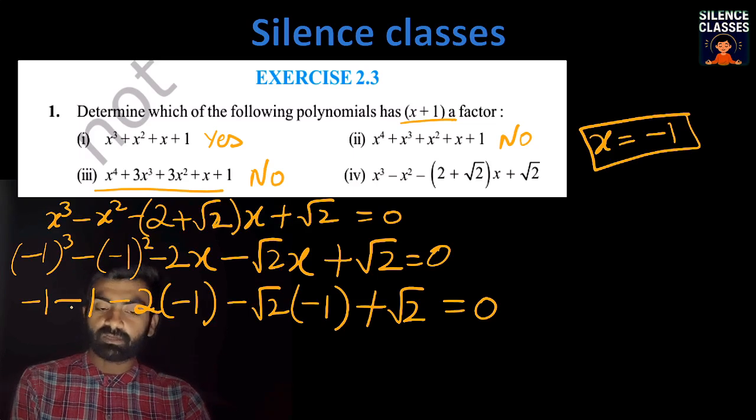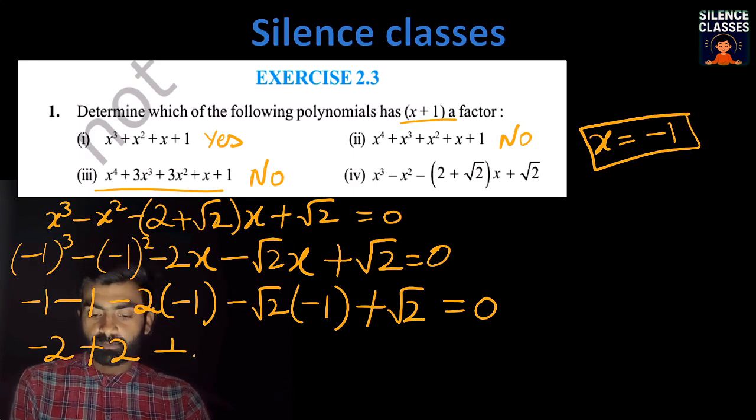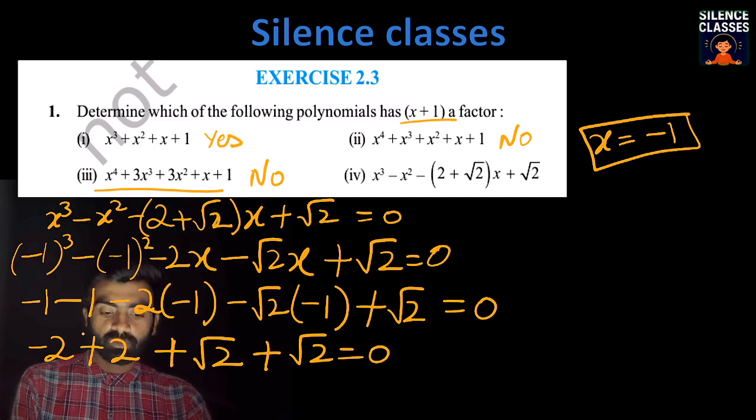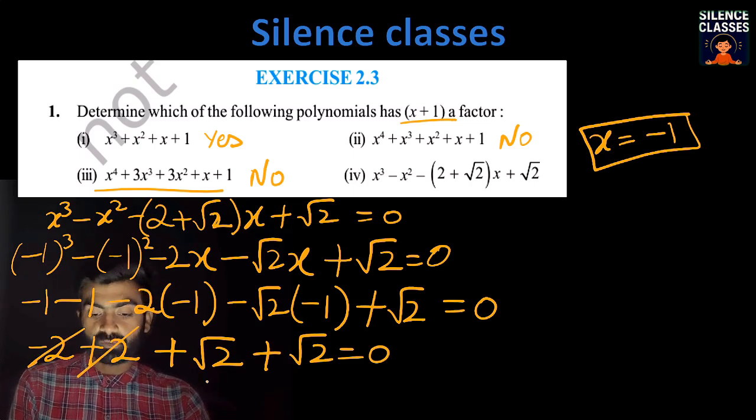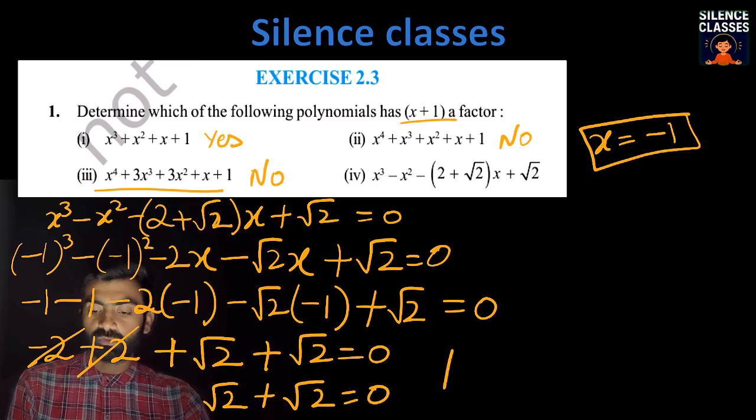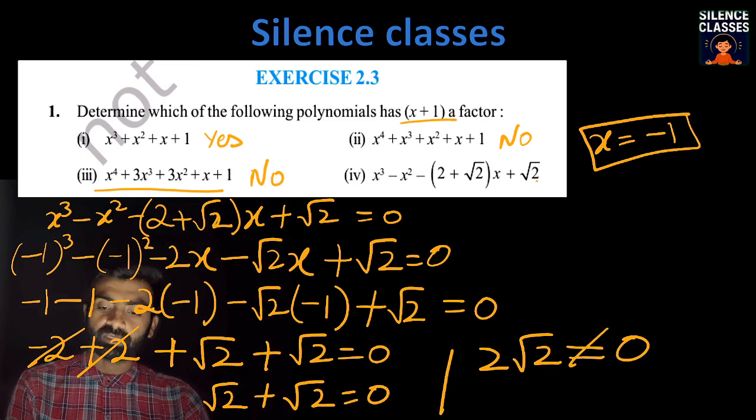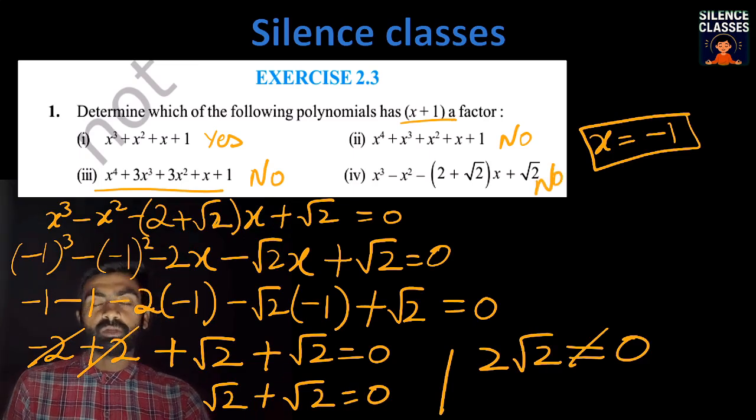So minus minus will become plus, 2 ones are 2, minus minus will become plus, and root 2 multiplied by 1 will become root 2, plus root 2 is equal to 0. So we can cut this out, and we will get root 2 plus root 2 is equal to 0. So we can write 2 root 2 is not equal to 0. So we can say no, x plus 1 is not a factor of the given polynomial.